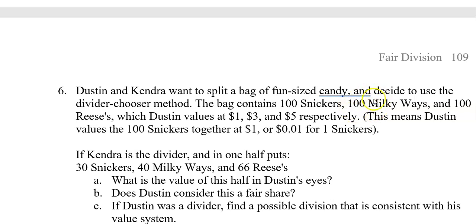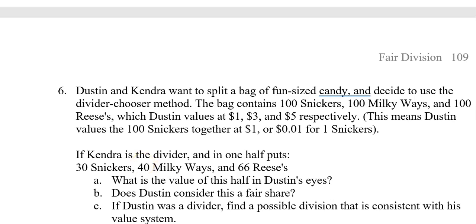So 100 of the Milky Ways, all 100 at $3, and all 100 Reese's at $5. So if Kendra is the divider, and in one half she puts 30 Snickers, 40 Milky Ways, and 66 Reese's, what is the value of this half in Dustin's eyes?